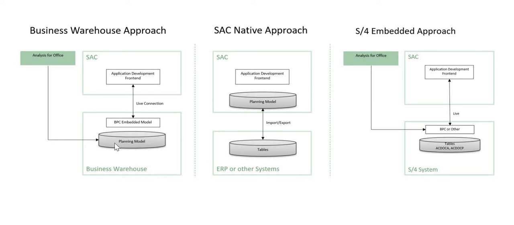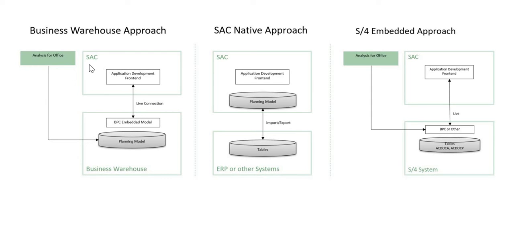So in the first approach, here we have the business warehouse. Suppose your project already has SAP BW or SAP BW/4HANA implemented, and you already have the planning model that you have made on BW IP, and the same model can be accessed through SAC as well as Analysis for Office.